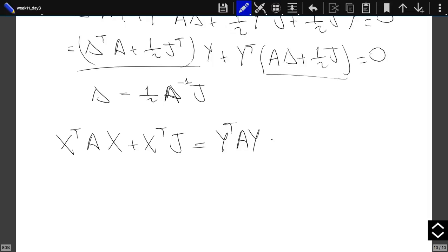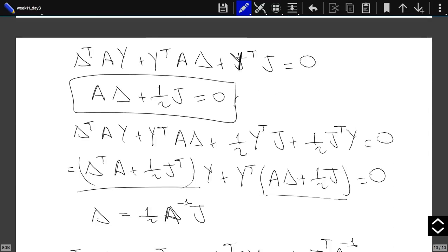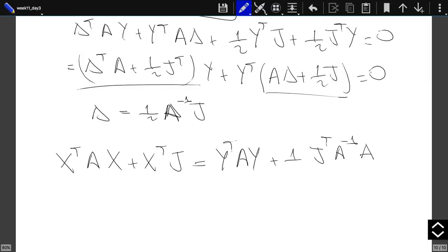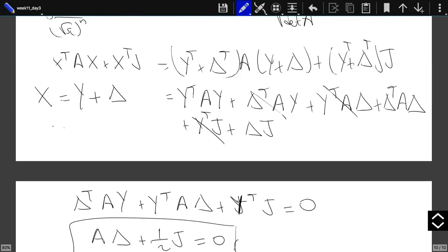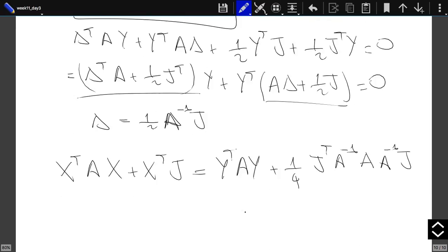Well, delta transpose is 1 over 2 J transpose A inverse. This is delta transpose A delta. Now delta is another 1 over 2 A inverse J. And then we have delta J, plus.